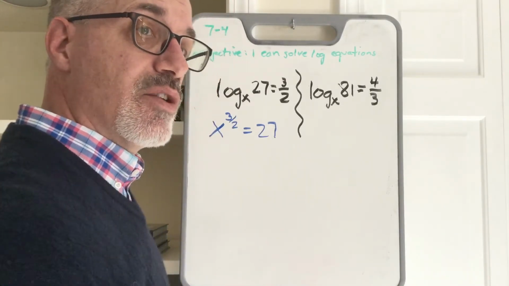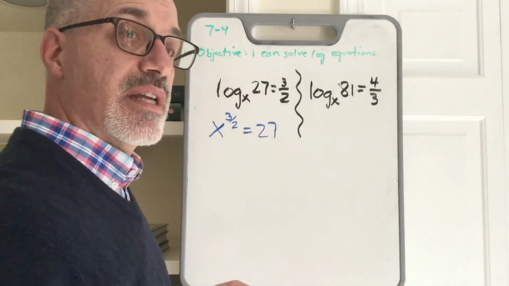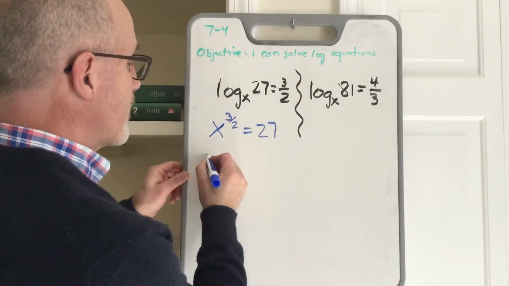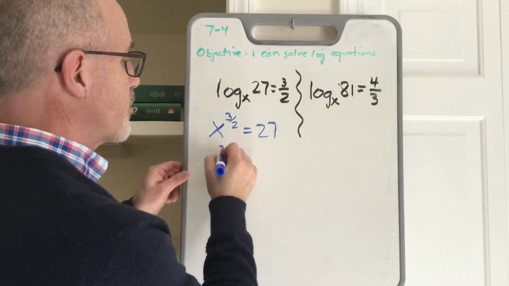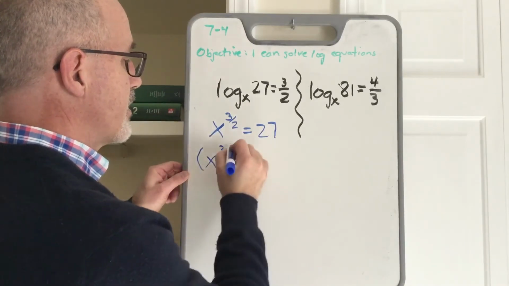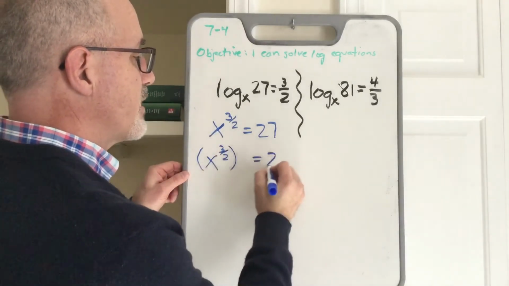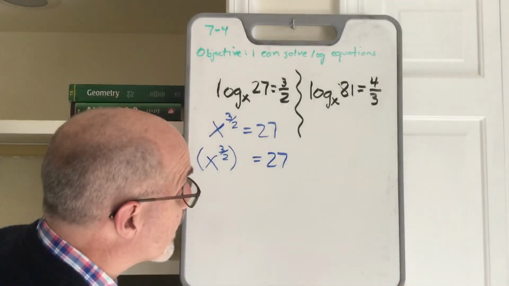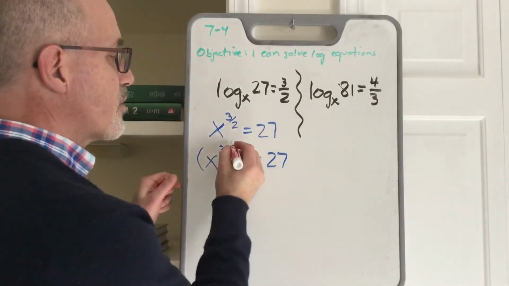The key is, whatever that exponent is, do its reciprocal to both sides. So with x to the 3/2 equals 27, I'm going to put both sides to the 2/3 power.